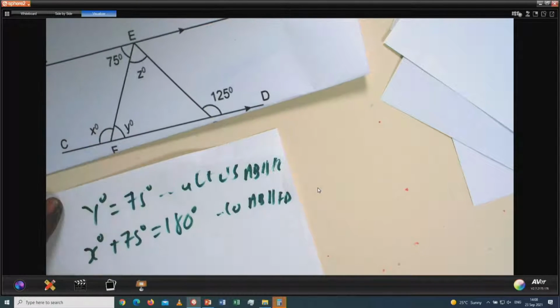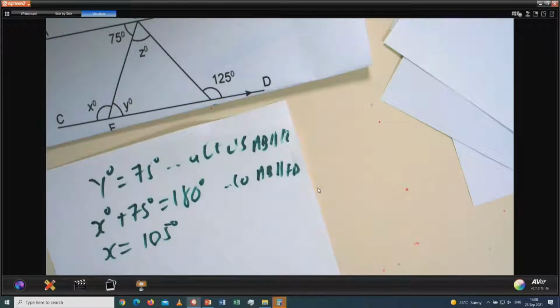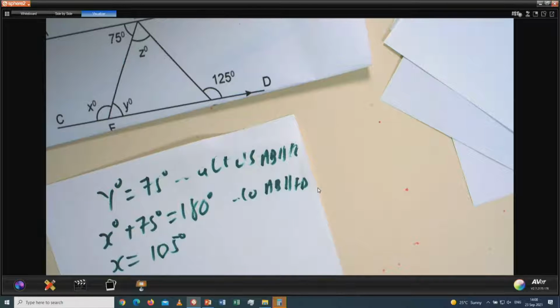When we add them, they give you 180. Therefore, x equals 105 degrees. So you need to know the language and the properties.